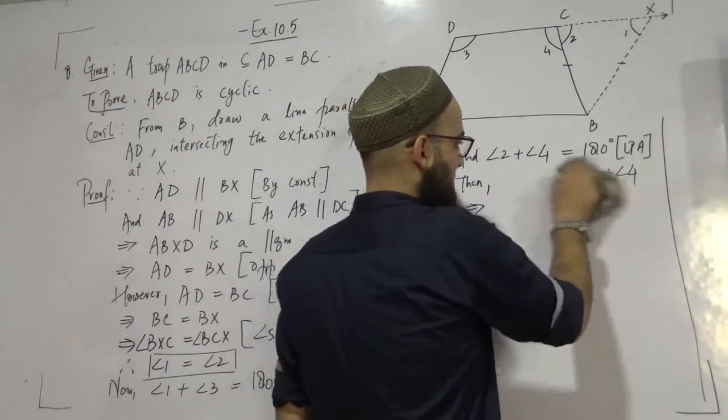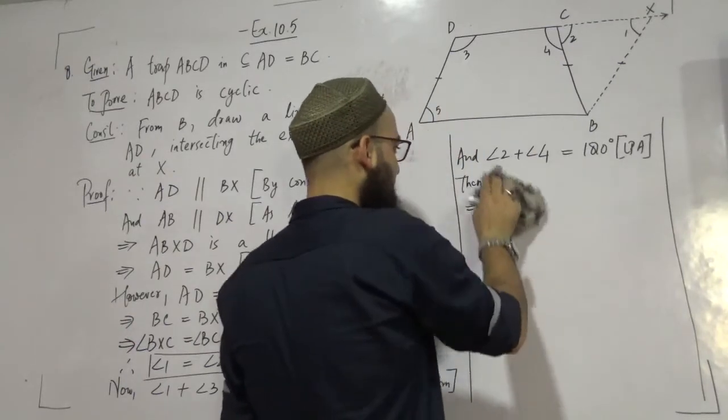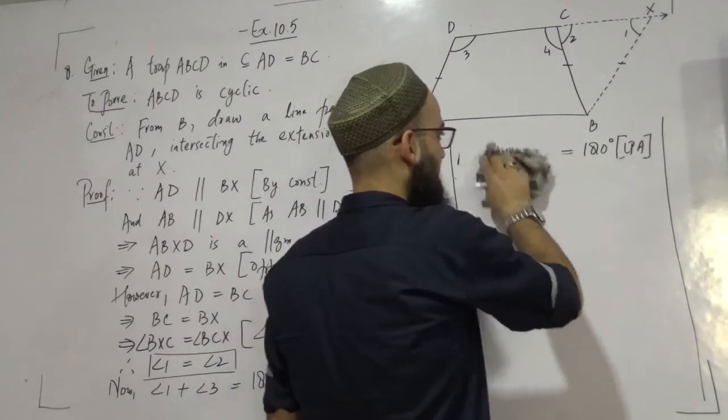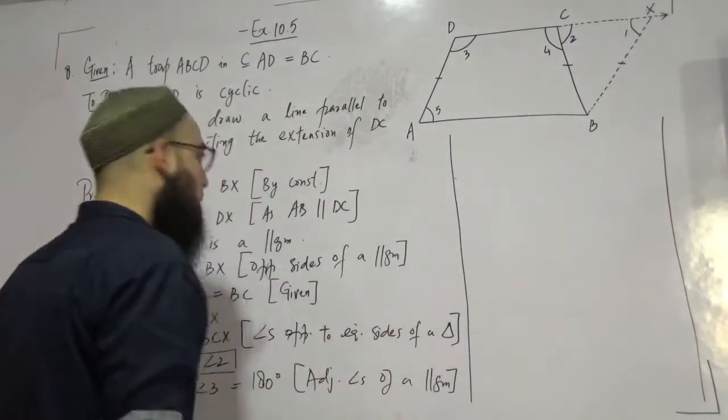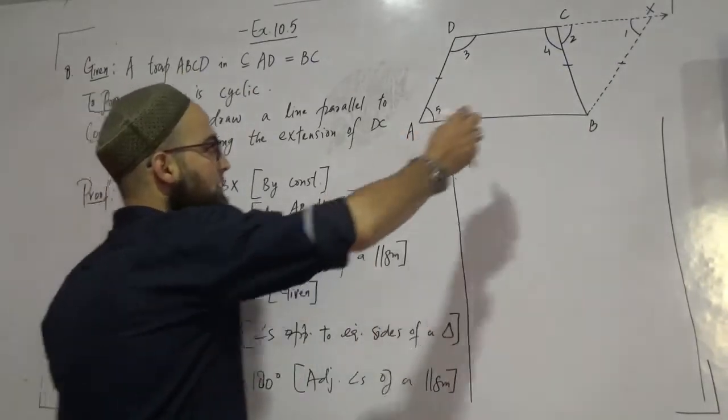Let me make it easier. Angle 1 plus angle 3 is 180 degrees.